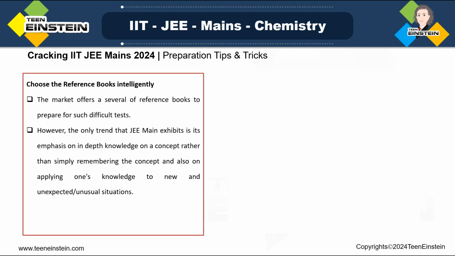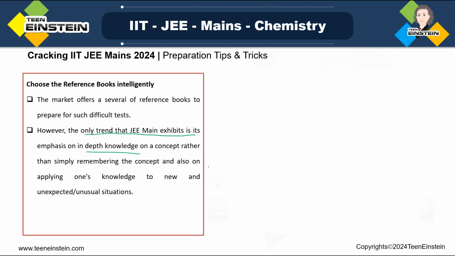Though I am saying choose the books intelligently, you have to remember the one trend that JEE Mains exhibits is its emphasis on the in-depth knowledge of the student. It is not simply mugging up or remembering some concept. In-depth knowledge is very important, that is, whether your basic knowledge is clear or not, so that when you face any unusual or unexpected question, you will not be tense. With a calm mind you can answer, and you can do that only when your basics are clear.